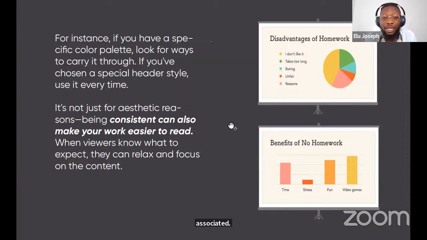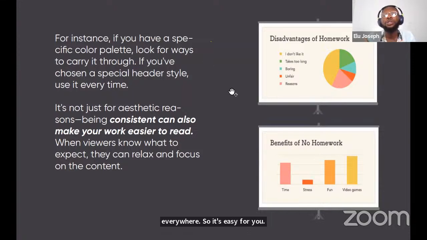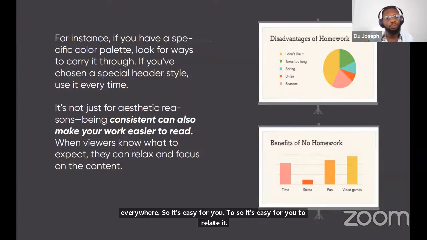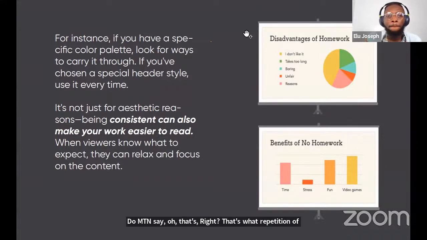If you see an MTN design anywhere, you would know why, because of the dominant yellow. They use that everywhere. So it's easy for you to relate it to MTN and say, oh, I saw another MTN ad today. Right? That's what repetition does in composition.